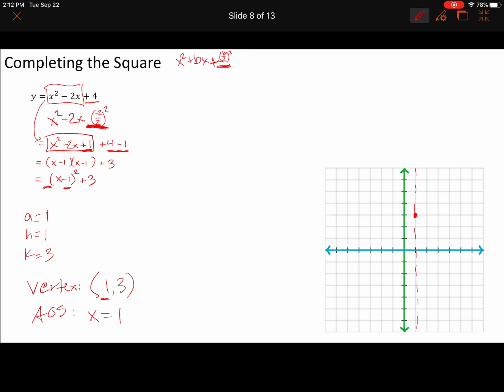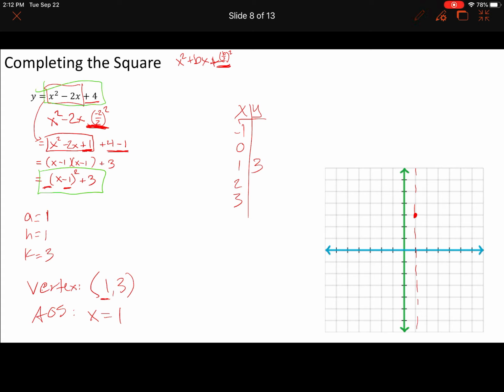And then we can make a table to figure out what these other numbers are going to be. So I know my vertex is at 1, 3. I'm going to plug in 2 numbers lower and 2 numbers above. And you can either use this equation down here that we simplified, or you can use the original equation up here.